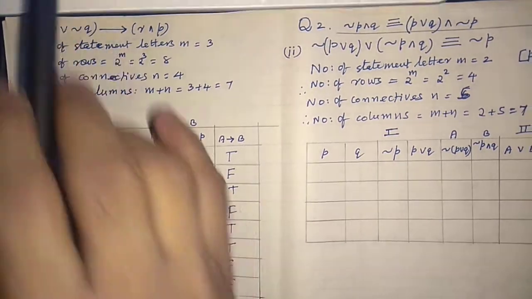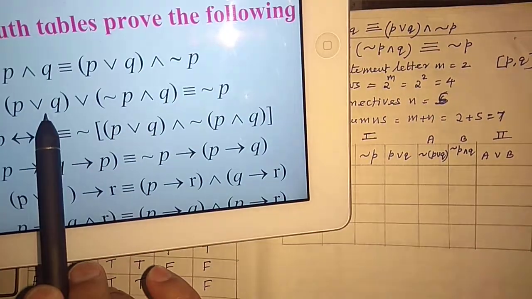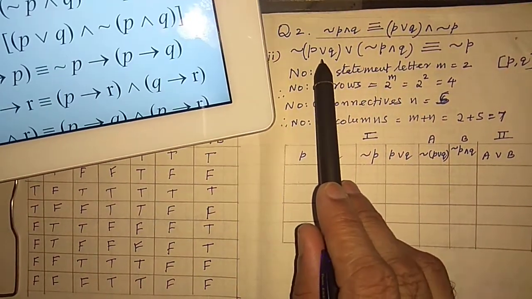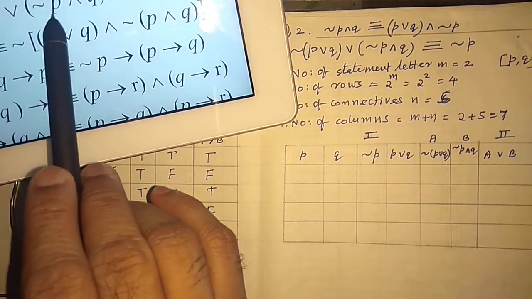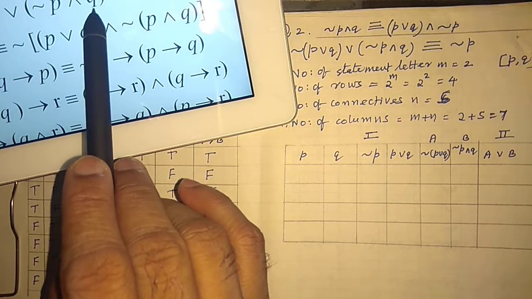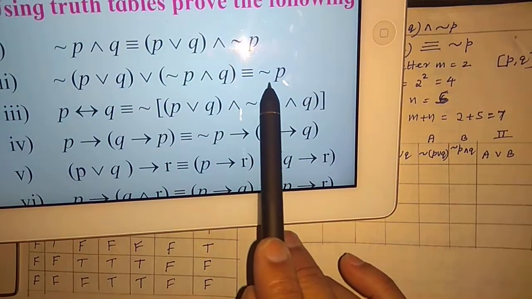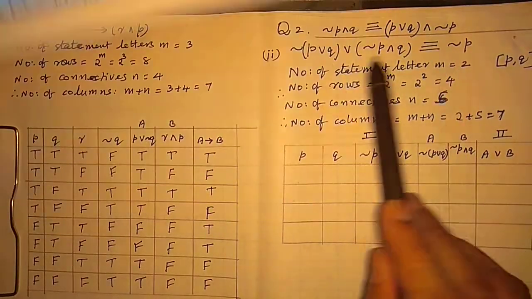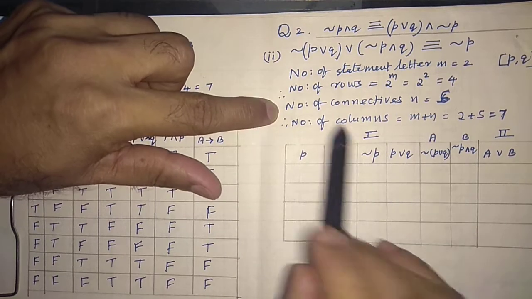Now this question number 2, sub question number 2. Negation of P disjunction Q, disjunction, negation P conjunction Q, is equivalent to P. That is the statement. Question properly we have to take down.